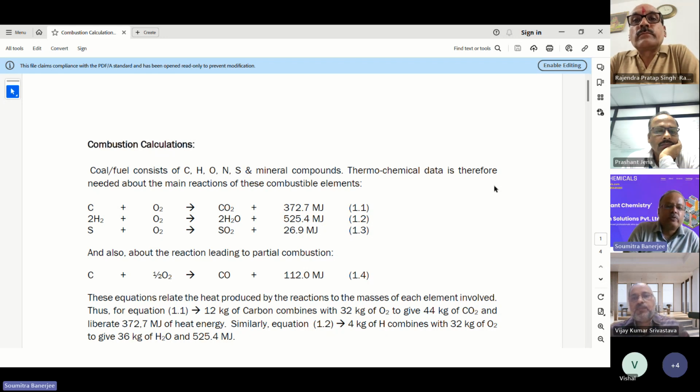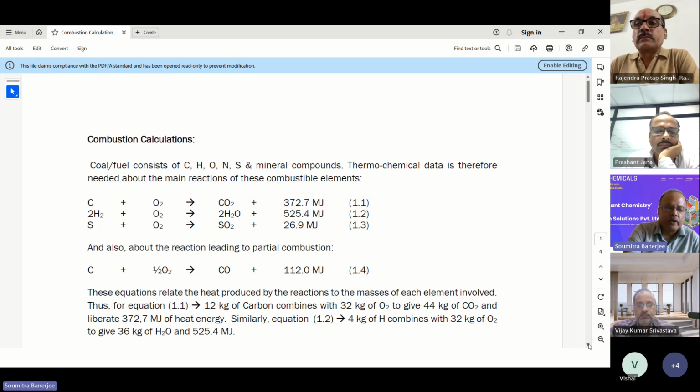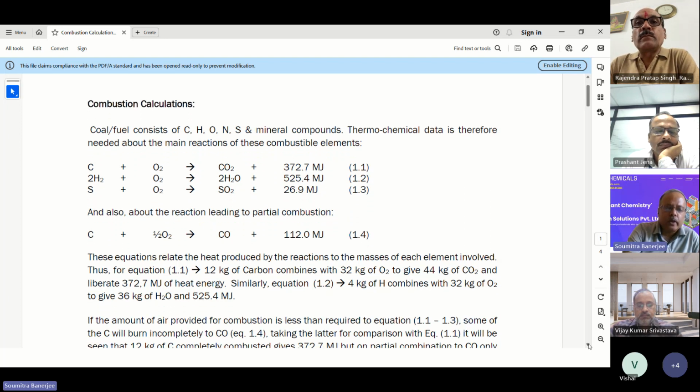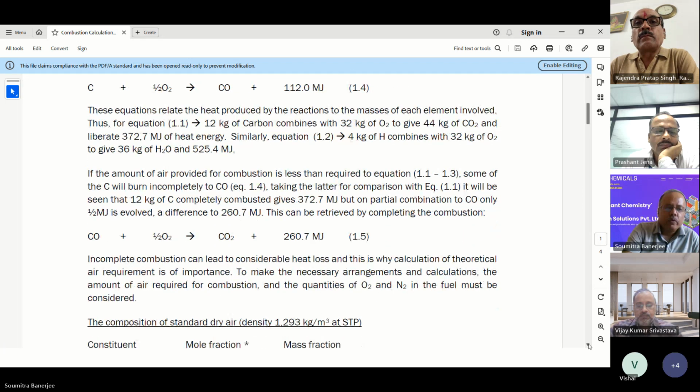And sulfur also gives you some energy, but not significant, becoming SO2 and giving you 26.9 megajoules. If carbon is partially combusted, meaning the oxygen is not complete in the boiler, then CO will form, carbon monoxide, and give you 112 megajoules. In one Excel sheet later, you will see I've converted all these things into kilocalories as well. So this is the theory.